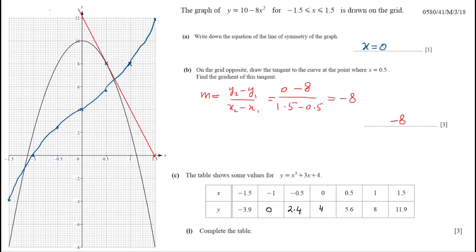Basically, these two graphs intersect over here and here. So here the x value is just over here.